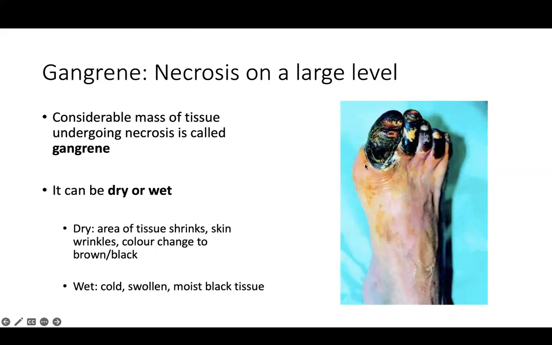And the color changes darker than the normal skin. So you can see these toes are gangrenous. We would call them gangrenous toes. There's another type of gangrene that is called wet gangrene. It tends to be swollen, tends to be weeping. There might be fluid coming from it. I'm not going to show you an image of that one, but this is one of the gangrenous types. This is dry gangrene on the side.